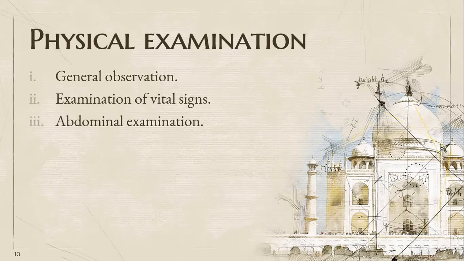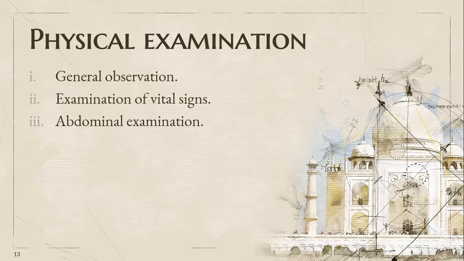Next, abdominal examination. Because of the prolonged distension of abdominal muscles during pregnancy, these may become weak or loose. After delivery, the muscles can be brought back into their original position with proper exercises.